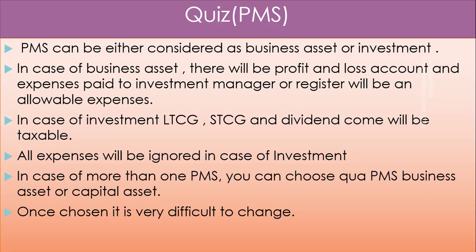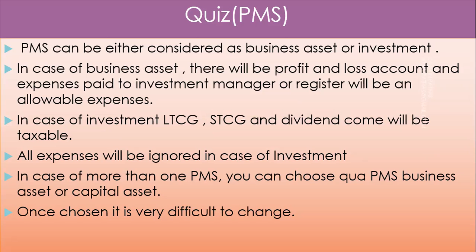If I select it as business, I will be entitled to expenses incurred, for example 2% or 3% PMS management charges, accounting, audit, every expense would be available, and the net profit would be liable for tax each year. In case of investment, it would be either long-term capital gain, short-term capital gain, or dividend.